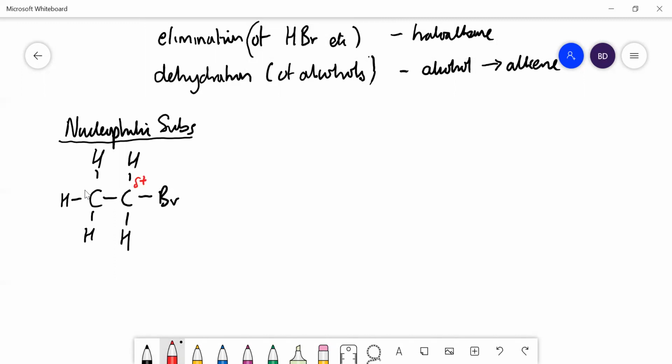And let's have, first of all, let's do with an OH minus ion. So there's 3 lone pairs on the oxygen. I'm only going to draw 1 negative charge on that. All that happens is that pair of electrons goes onto there. The pair of electrons in the carbon halogen bond breaks, and that gives you the alcohol as the product.